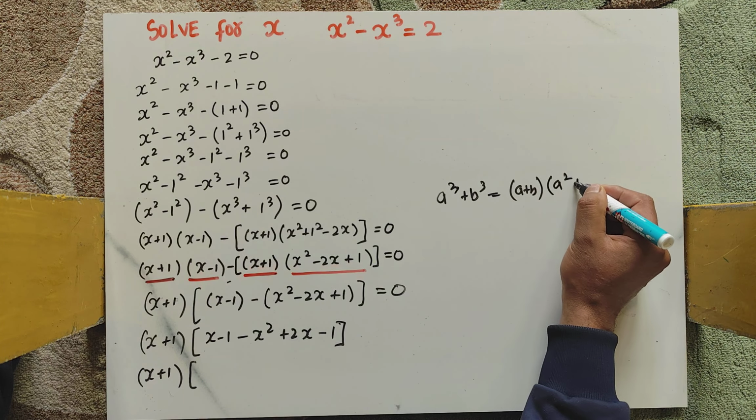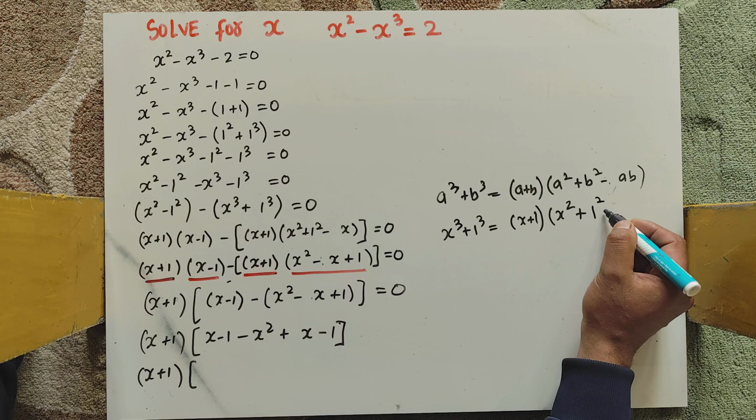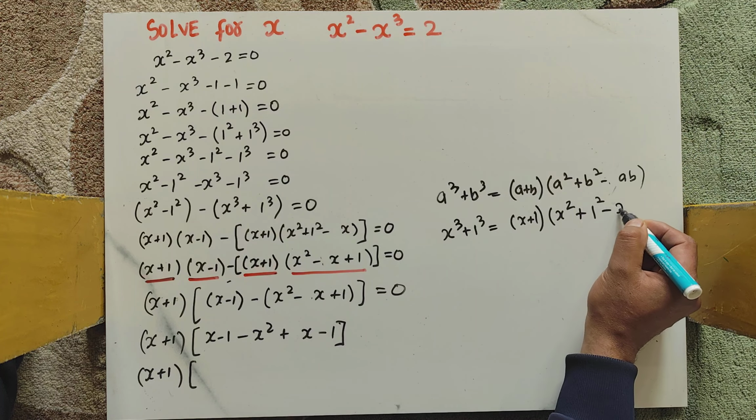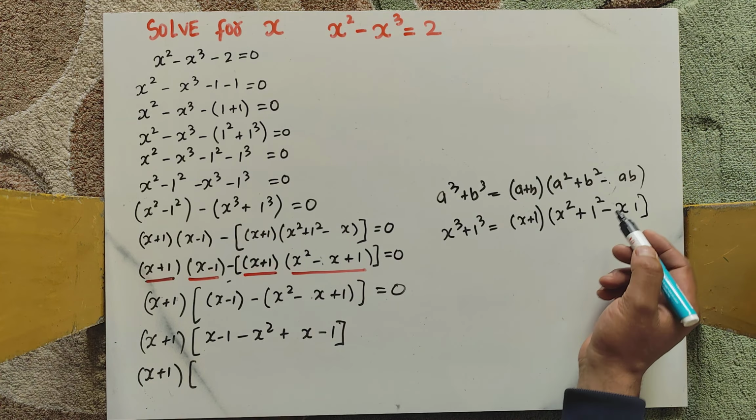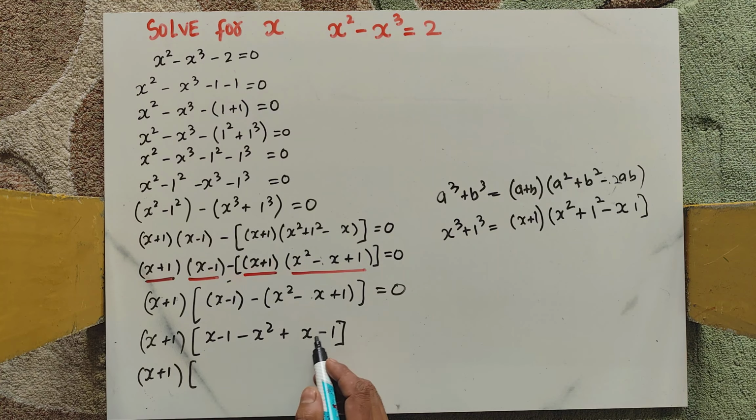So this is the correct formula: x cube plus 1 cube will be equal to x plus 1 times x square plus 1 square, then minus x times 1, so there is no 2 times here. So what happens here, we have x plus x, which is 2x, negative 1 and negative 1 is negative 2, then we have minus x square, and it is equal to 0.